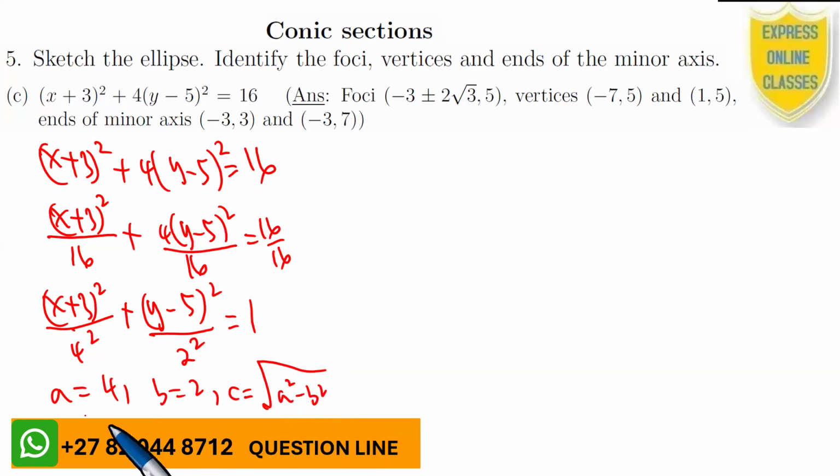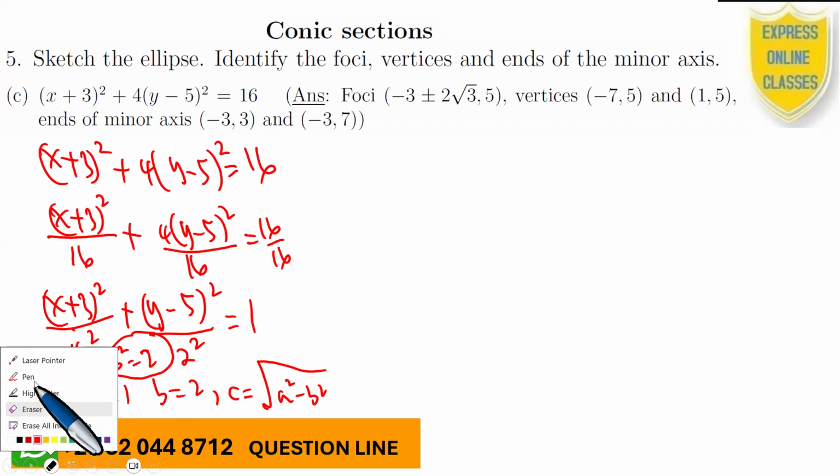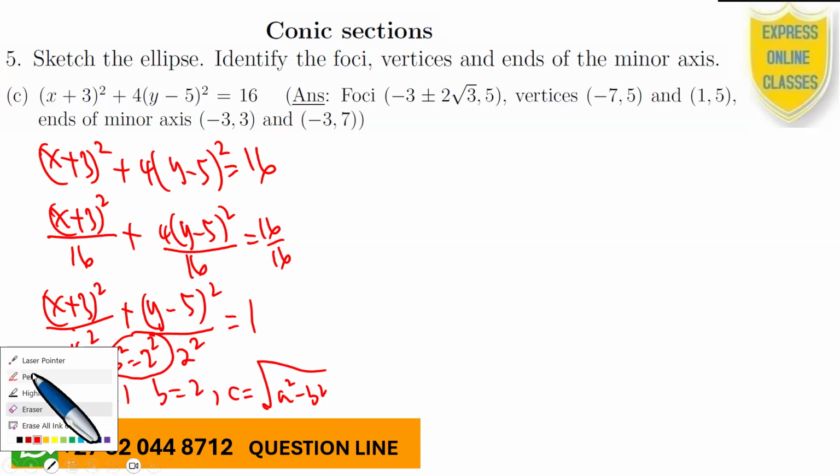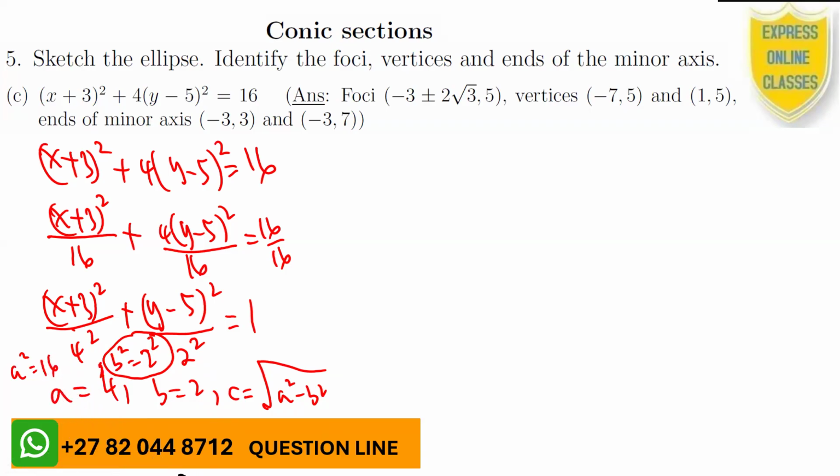Here, a squared is 4 squared, so a squared is 16, and b squared is 2 squared, which is 4.